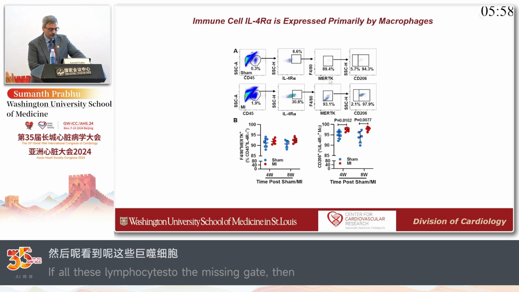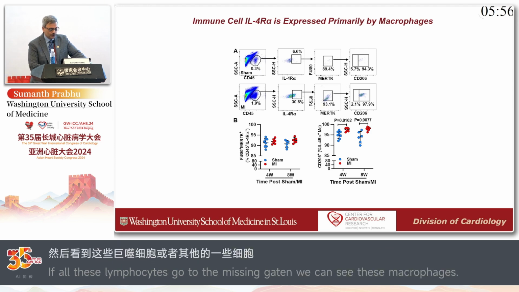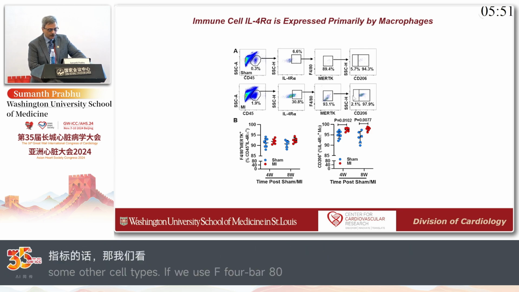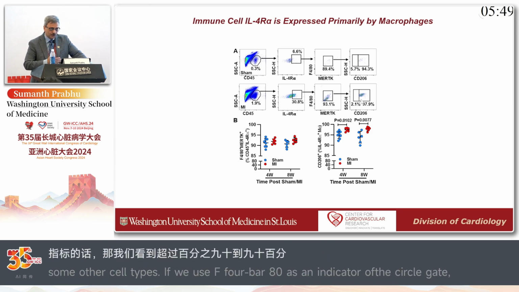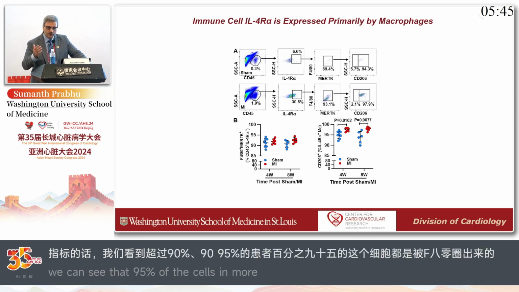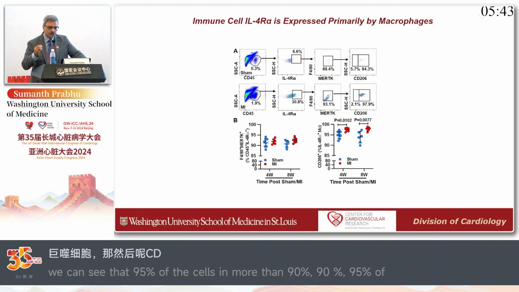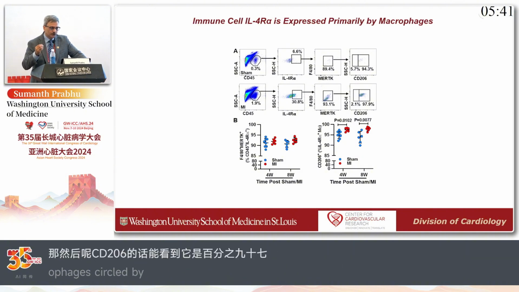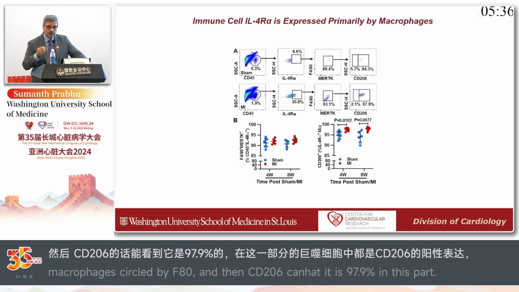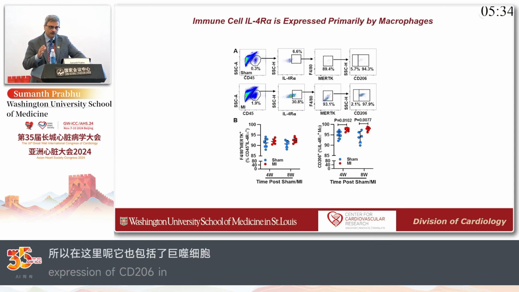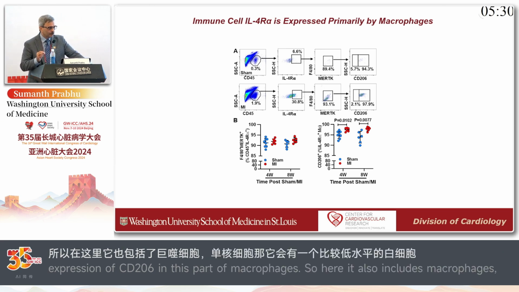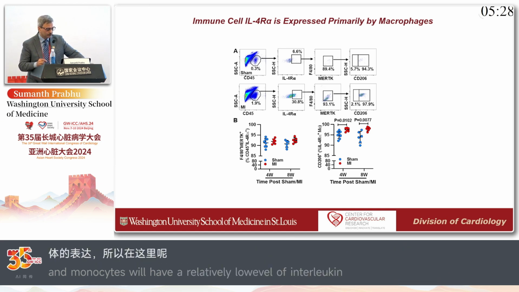Using F480 MERTK, we see that most of these cells, more than 90 to 95%, are macrophages. And most of these cells, in turn, 95, 98% are CD206 positive. So we've also done studies with other cell types, neutrophils, T cells, monocytes. They express very low levels, comparatively, of IL-4 receptor. So in heart failure, most of the IL-4 receptor alpha signaling is occurring through macrophages, especially resident macrophages.